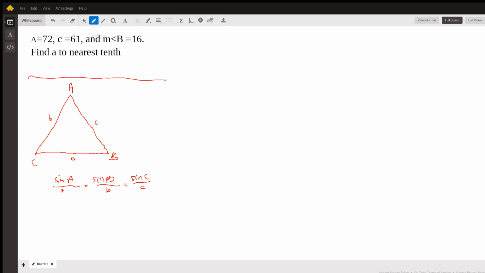Okay, so let's go ahead and solve it. And for that, I'm just going to change color. I'm going to draw it again over here. A, B, C. And in this problem, we're given that angle A, because it's a capital letter, I know that it's an angle, is 72 degrees.